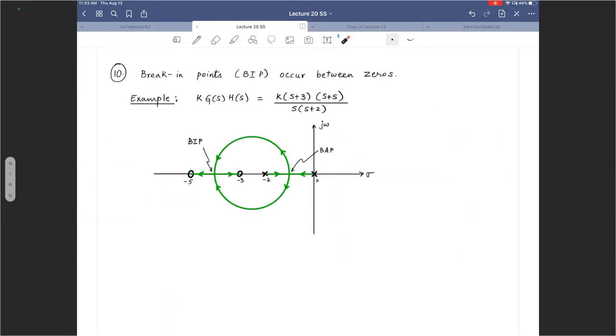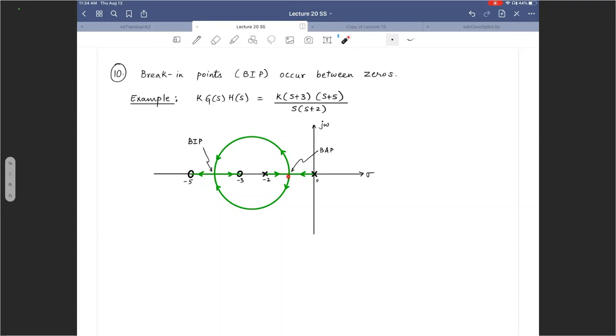Next, break-in points. If I break away between 2 poles, I will break in between 2 zeros. So for example, if I have no, yes, no, yes, no, and I'm starting the root locus at 2 poles, I'm going to have to move left here and right here and left here.